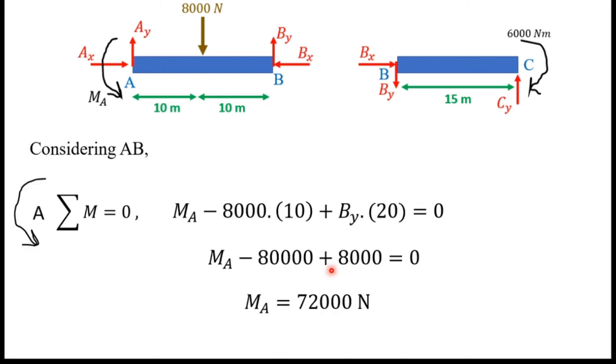Next, I only have to find this moment MA. For that, considering the AB part, I take moment about point A in the counterclockwise direction.